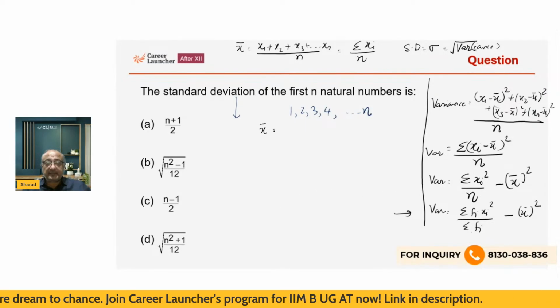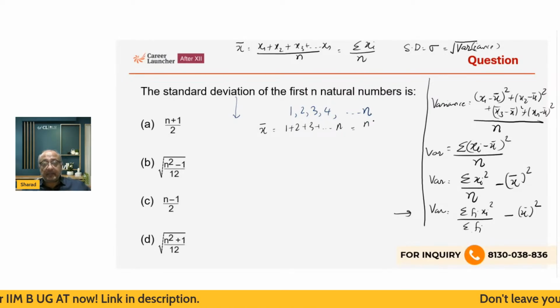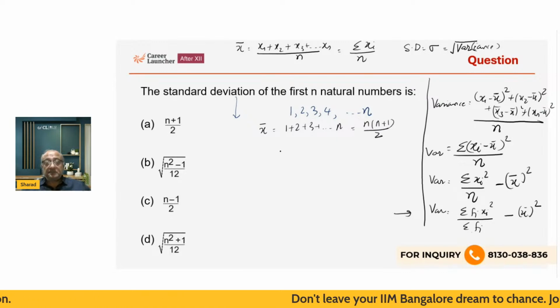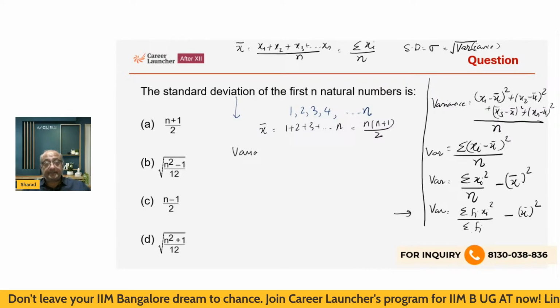So x bar is equal to 1 plus 2 plus 3 plus n, which is nothing but n into n plus 1 by 2. Right? Now, the next part, how do we compute variance?